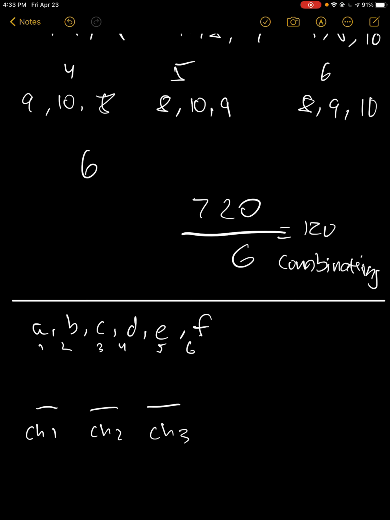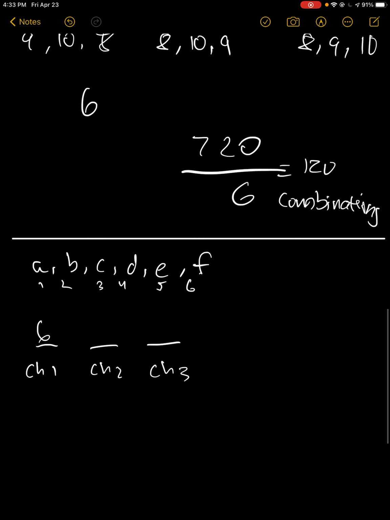So if we were to do 6 people for the first one, this would be a permutation, right? Because there's 3 different chairs. And order does matter how we put this, right? So they're labeled chair 1, chair 2, and chair 3. So we know that this would be a permutation because order does matter. Now, once we have 6 people here, we know that there can only be 5 left to choose for the second chair.